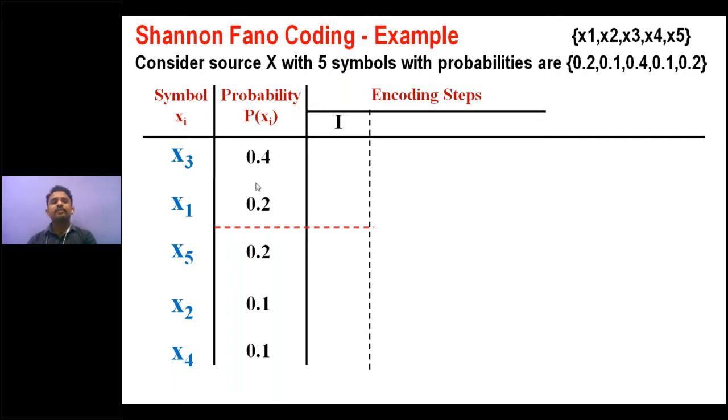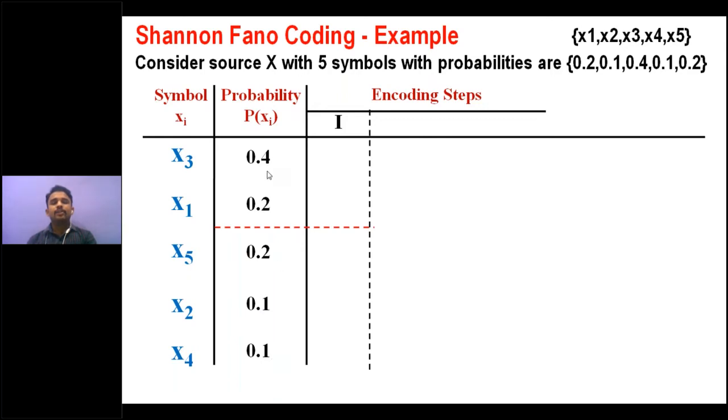Based on that value, we can go. In this example, 0.4 plus 0.2, 0.6, is the nearest value for the 50% consideration. So 0.4, 0.2 becomes one partition, and 0.2 plus 0.1 plus 0.1 becomes another partition.